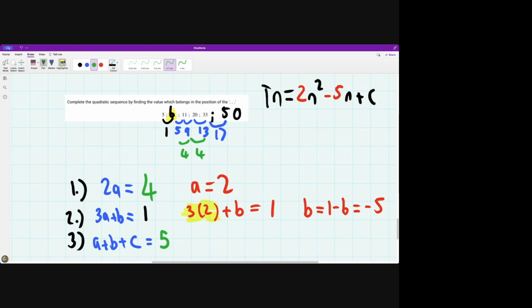But now you need to work out for me, what is the value of c? You know what a is, right? You've worked out that a is 2. You know what b is. Can you find what c is for me?